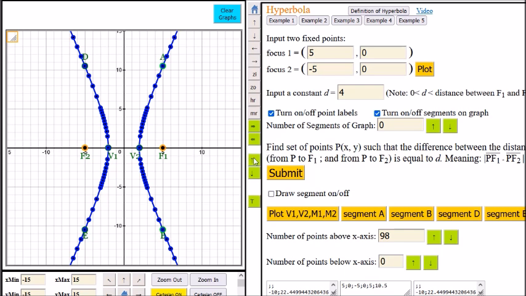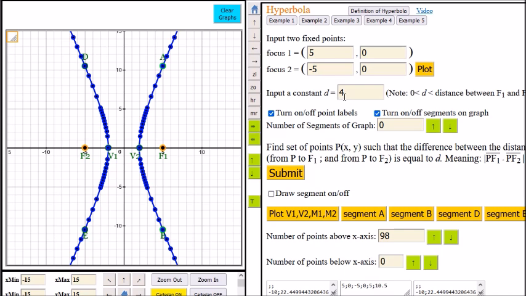And so once again, to generate the points on the hyperbola, first pick any 2 points horizontally aligned. In this case, we picked (5, 0) and (-5, 0). Notice the distance between F1 and F2 is 10. Next, pick a constant between 0 and 10.